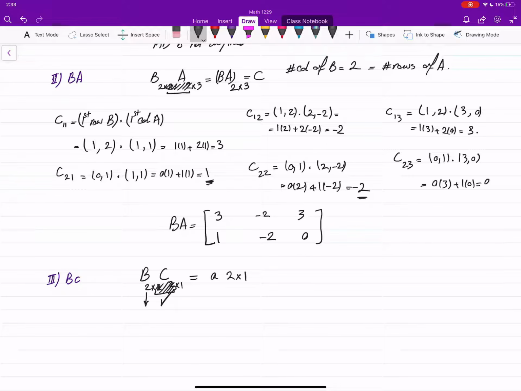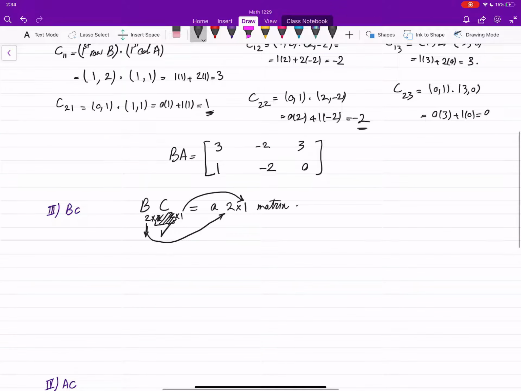The number of rows comes from the number of rows of the first one, and the number of columns comes from the number of columns of the second one. So 2 by 1 will have two entries, yes? The first row, first column entry, and the second row, first column entry of the product.